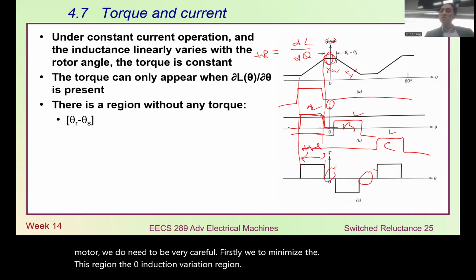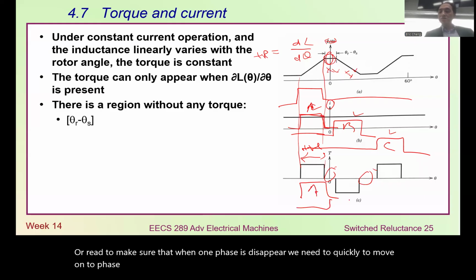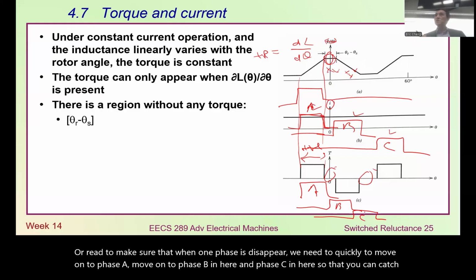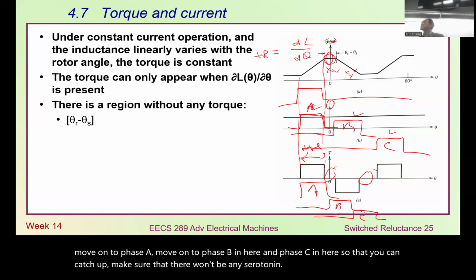Or we need to make sure that when one phase disappears, we quickly move on to phase A, move on to phase B in here, and phase C in here, so that it can catch up. Make sure that there won't be any zero torque in any one of the regions. So that's one of the techniques we tend to use.